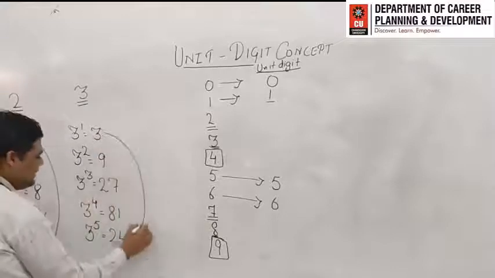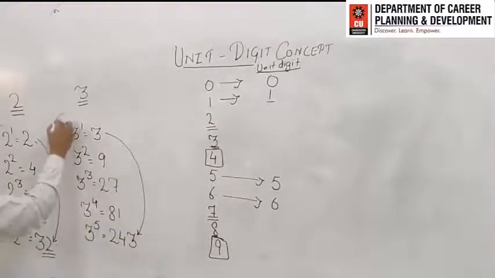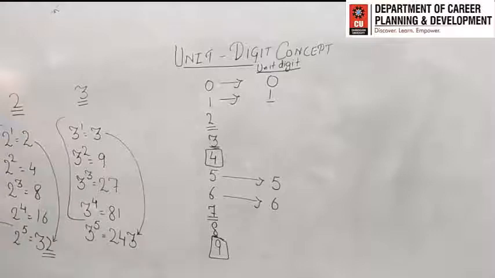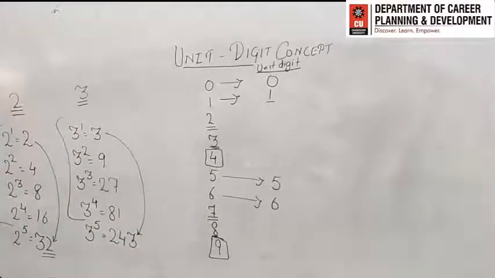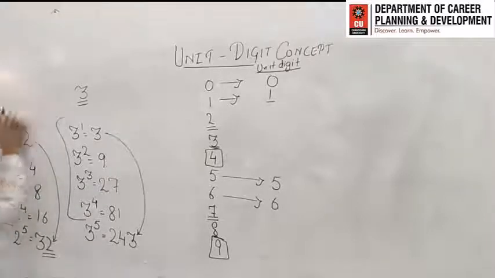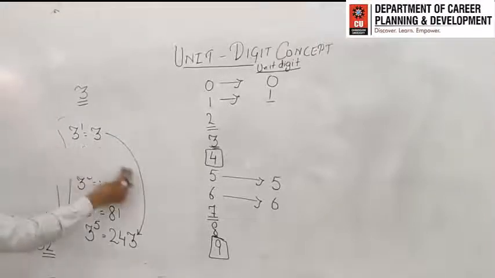Here also it is repeating after every cycle of 4. And similar is the case with 7 and 8.